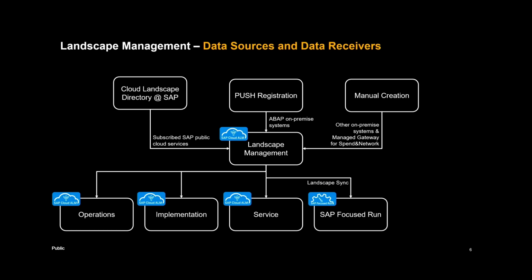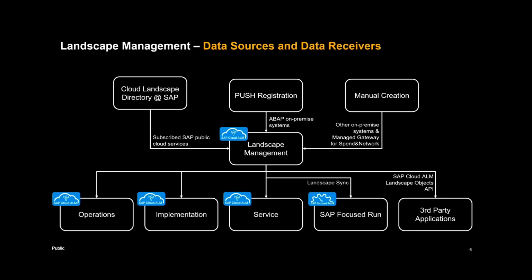So we can push this landscape information into SAP Focused Run. And last but not least, we also now have public APIs for landscape objects that can be used by third-party applications to get information on the systems and services in landscape management.